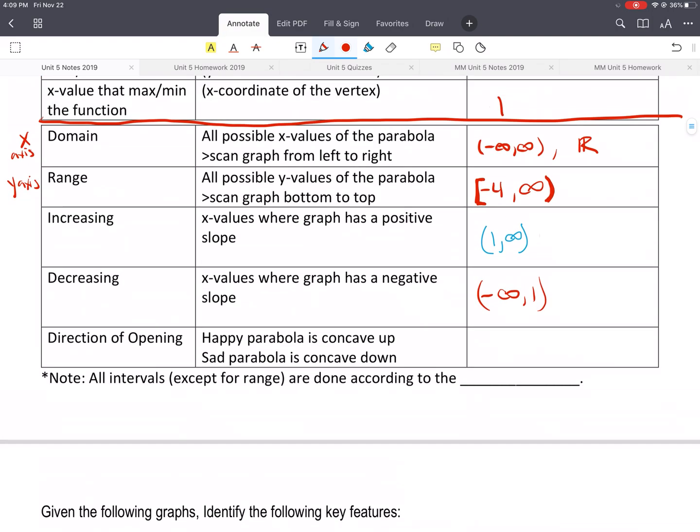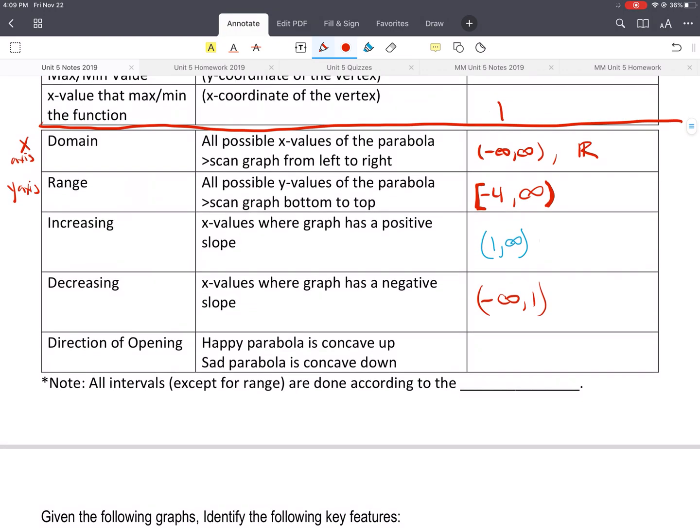So that's just another way to think of increasing or decreasing. Okay, if that helps. Sorry, I'm trying to get this done before I go home for the weekend. So increasing is positive slope, decreasing is negative slope.